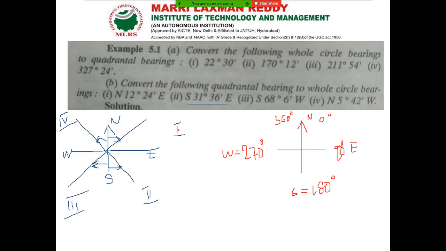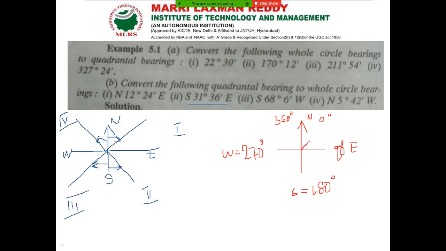So whatever the first quadrant reading, that lies between 0 degree to 90 degree. The second quadrant reading lies between 90 degree to 180 degree. The third lies between 180 to 270 degree, and the fourth quadrant reading lies between 270 to 360 degree, and the base point is taken from north.